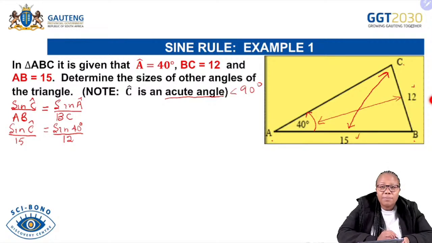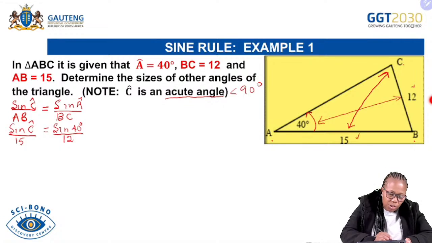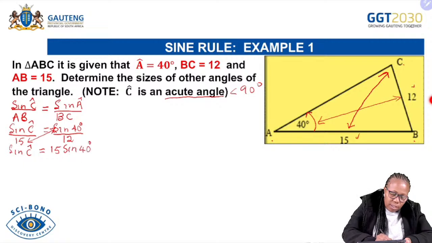After substitution, we are now simplifying, grade 12. We have fractions with an equal sign, therefore we apply cross multiplication. We cross the 15 to that sine 40, so we will be left with sine C on the left, which is equal to 15 sine 40 degrees divided by 12.